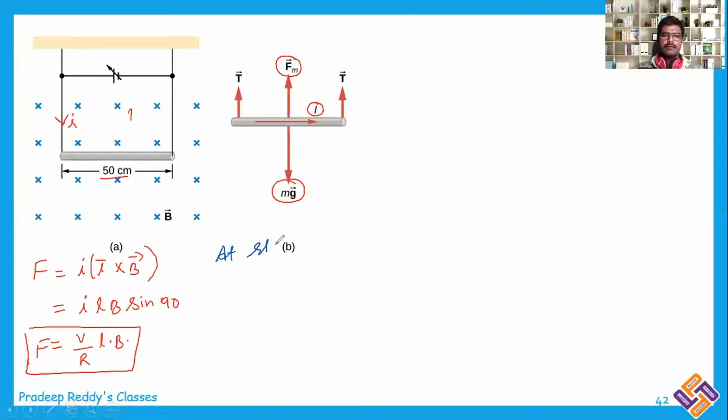So overall, at steady state, the force acting in the upward direction is equal to the force acting in the downward direction. The force acting in the upward direction is the magnetic force, which is equal to the force acting in the downward direction, the gravitational force mg. So what is the magnetic force acting on this conductor?